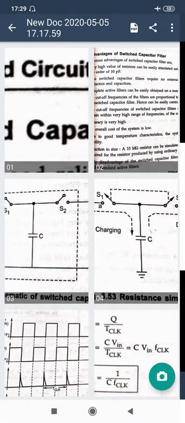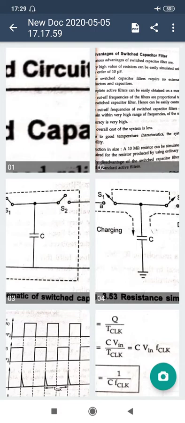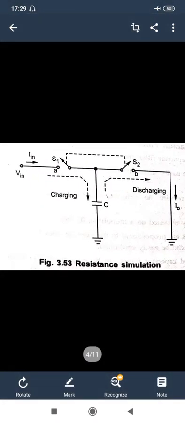Now, regarding the working of this switch capacitor filter, in this circuit we have the resistance simulation.